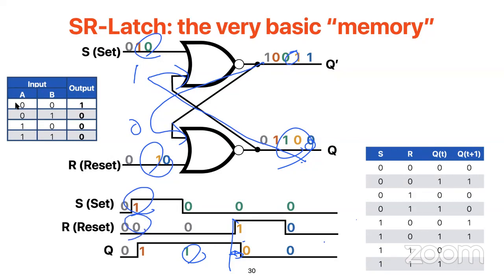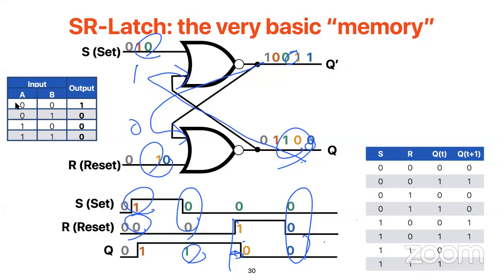If you put both of them to 0, it will output whatever was previously there. So this is the very, very basic form of memory. If you have 0, 0 here, it will keep outputting what was previously there.